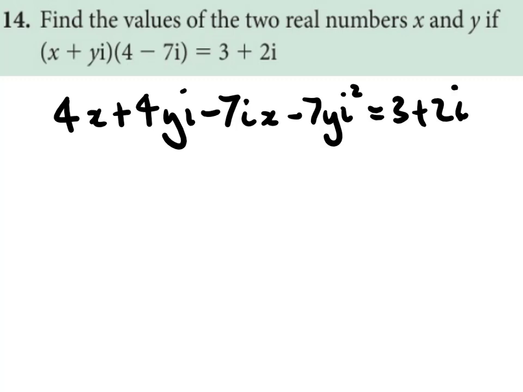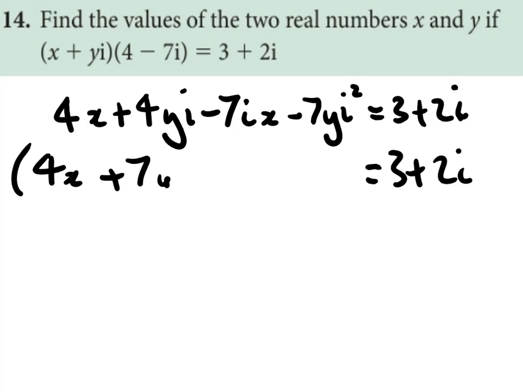And that is to put all the real things together and all of the imaginary things together. I'm going to leave the right-hand side. And I'm going to put all the real things here. Clearly 4x is real. And this here, minus 7yi squared. i squared is minus 1, so that's plus 7y. That's real. What have I got on the i's?